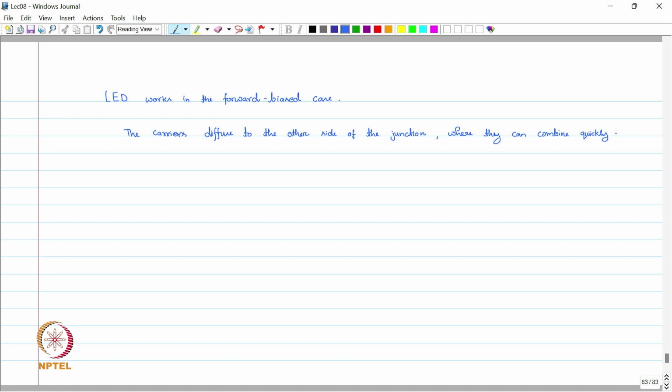So we can draw the same energy band diagram when we apply a voltage.